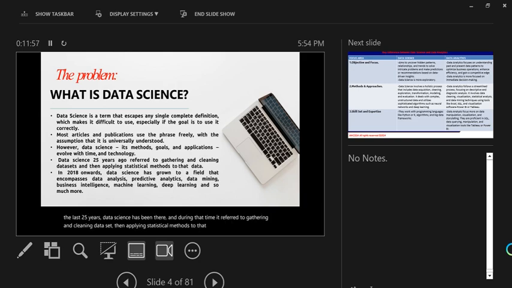Especially those people who are doing statistics and so on, whatever they were doing, still it was part of data science. But now, due to the fourth industrial revolution, whereby almost everybody has access to the internet and smartphones, the nature of the data that is being generated or collected currently is diversified.